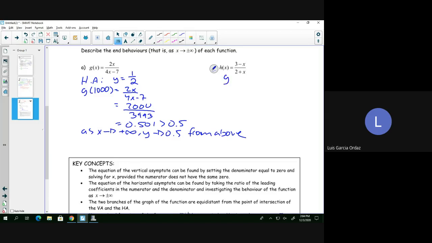So we take g of negative 1,000, we sub it in, you get negative 2,000 divided by negative 4,007, which is equal to 0.499. Is that greater than or less than 0.5?